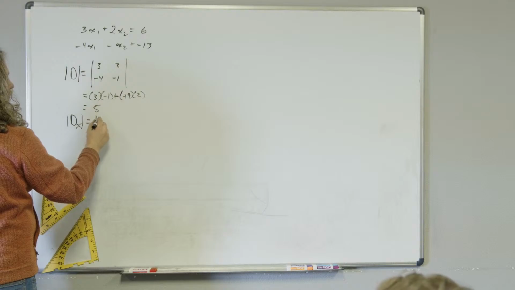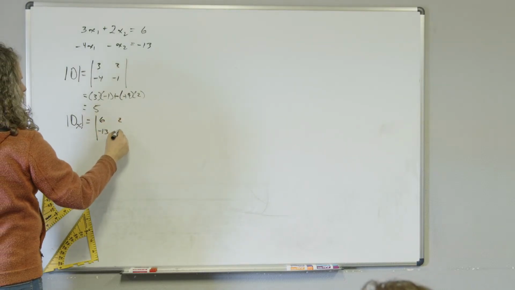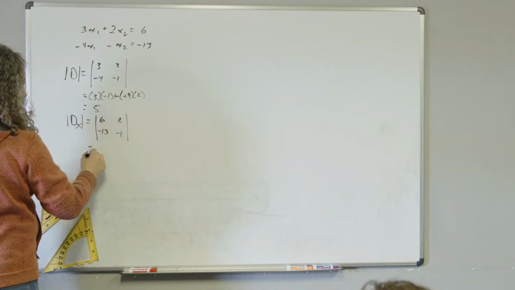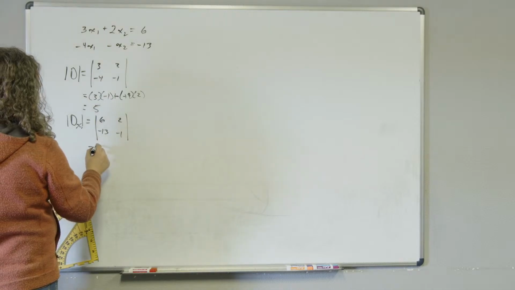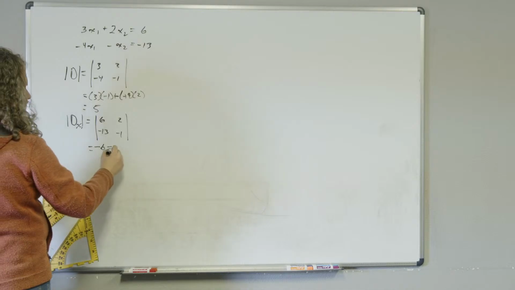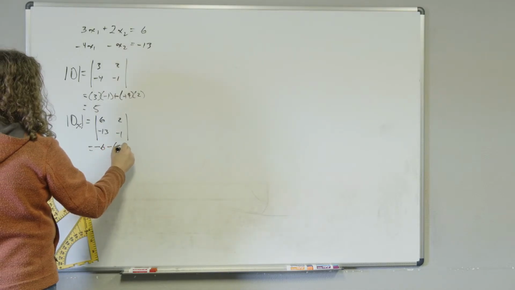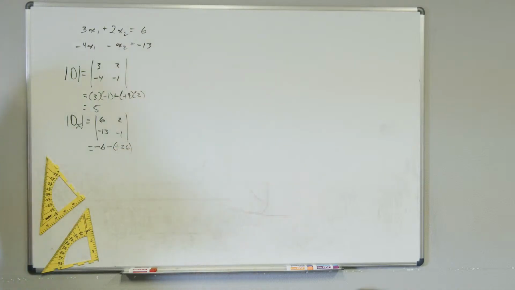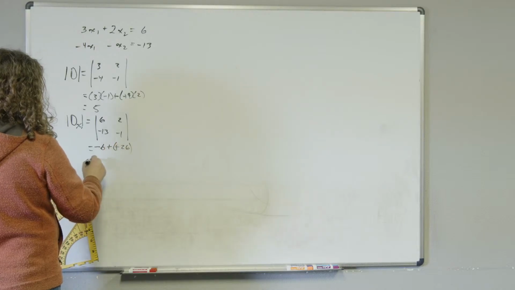We would put a 6 here and a negative 13 here, and then these would stay the same. 6 times negative 1 is negative 6, minus negative 26, which would turn into plus.